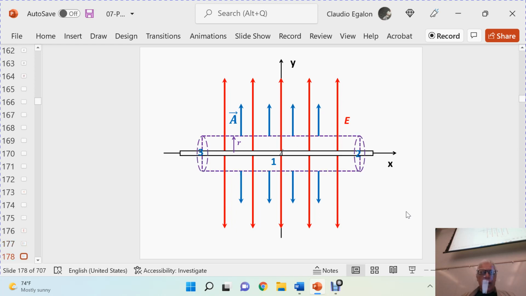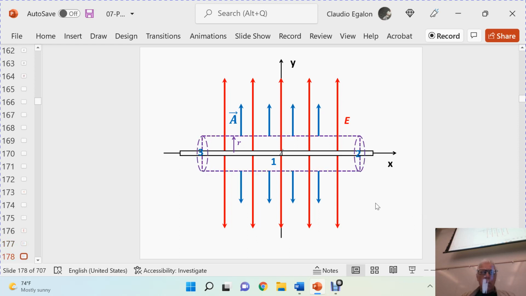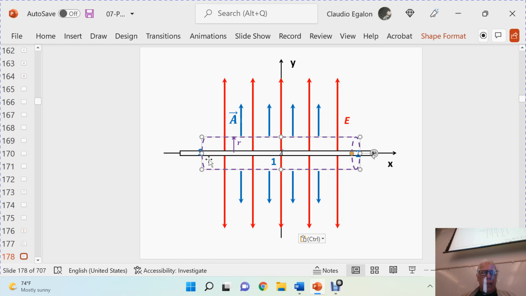In the next slide, we have the surfaces. I'm going to start to label the surfaces of the cylinder, so I can come up with a proper derivation.